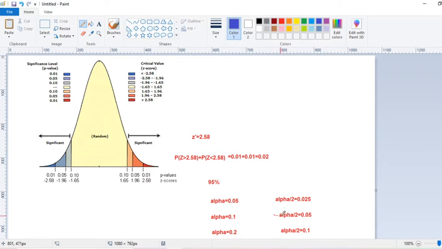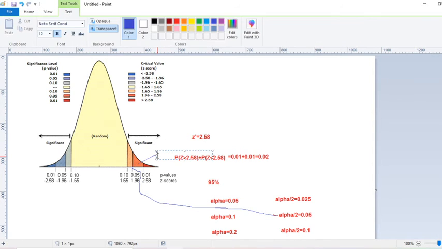You can see that this is that point, this is that point. So the area of this region is, what is that? 0.05.